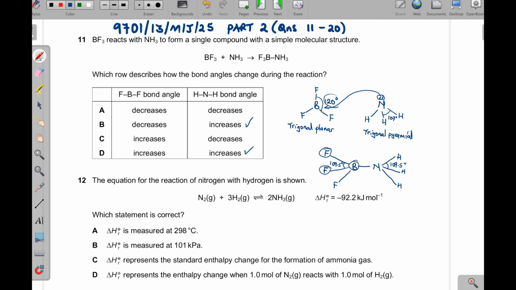It has moved from 120 to 109.5. So it has decreased. You see that? So we are going to look for decreasing. And it has to be here and here. So where do we see the two ticks? Here. That means our answer has to be B.